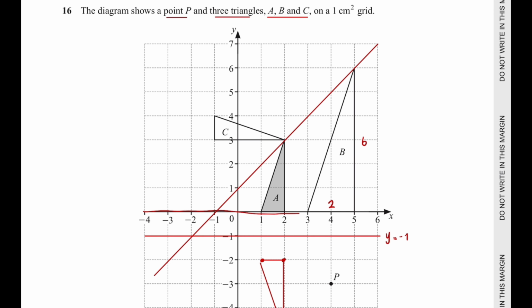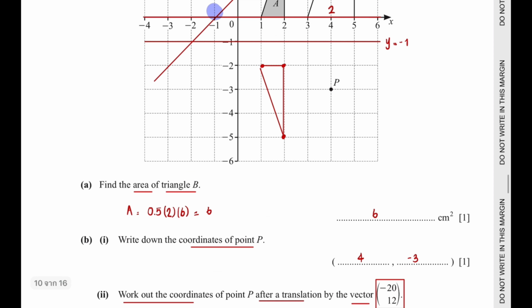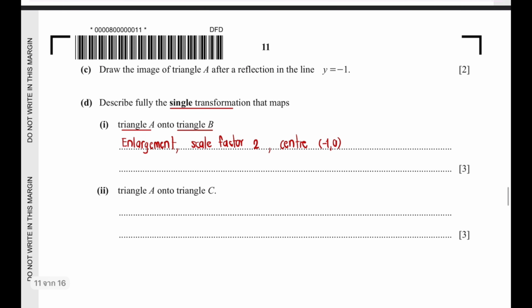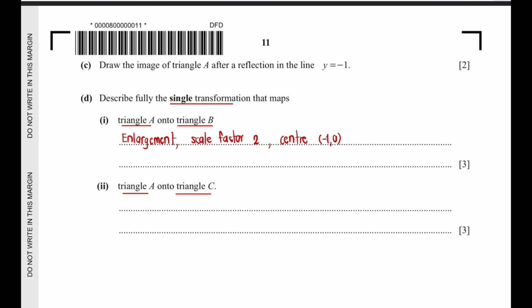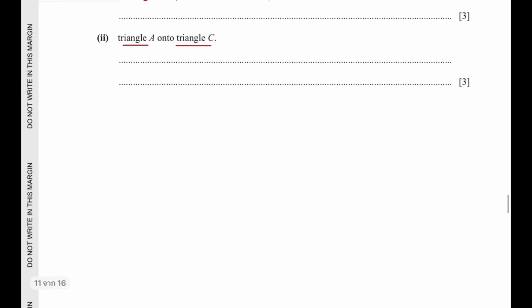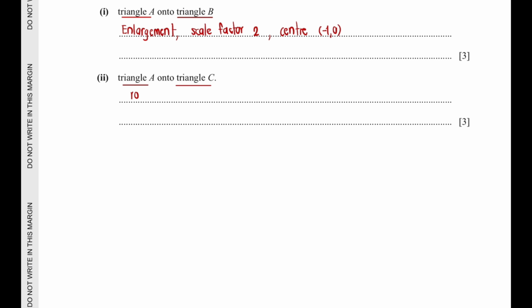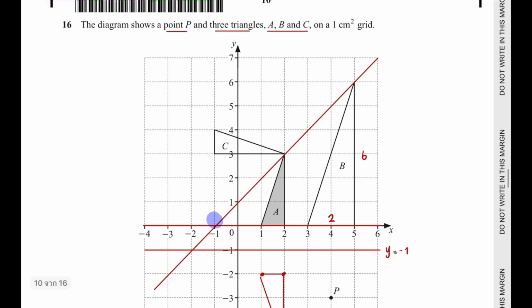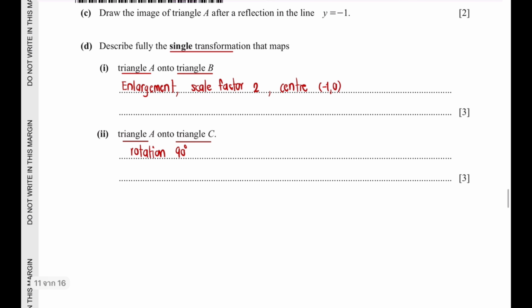Then this one. So the center is this point. The coordinate is negative 1 and 0. Triangle A onto triangle C, A to C is the rotation, 90 degrees clockwise.